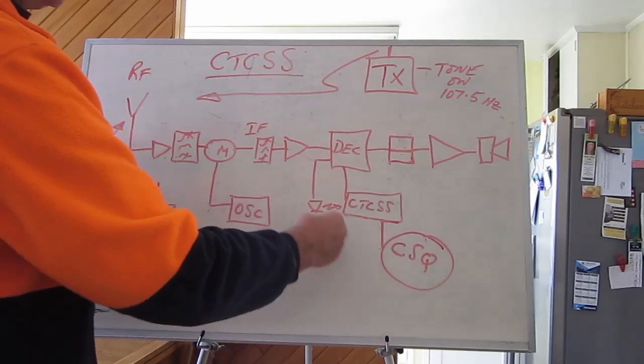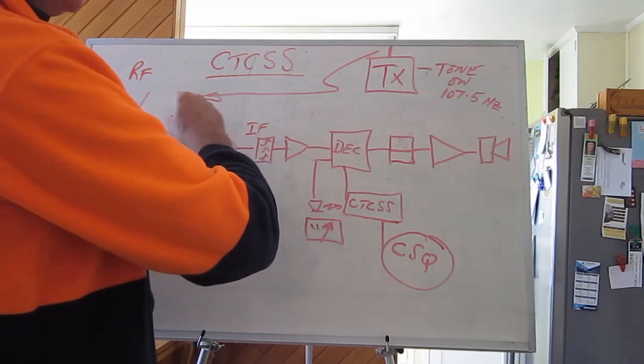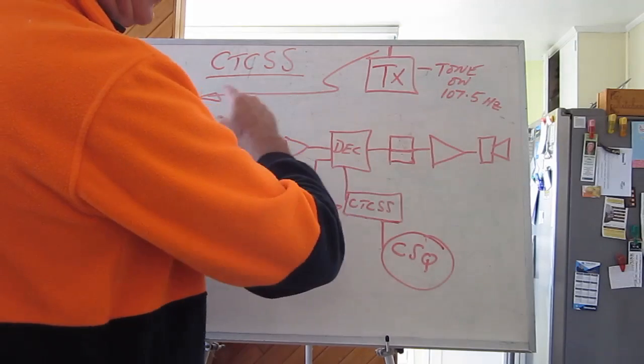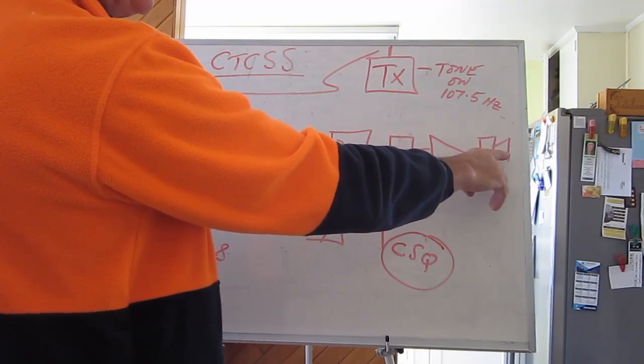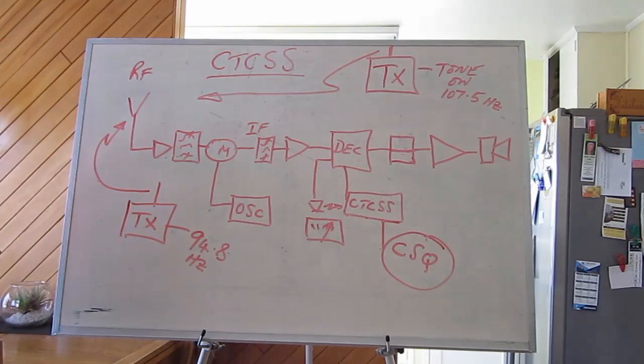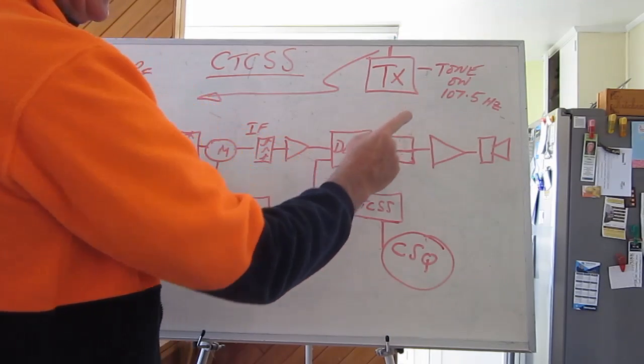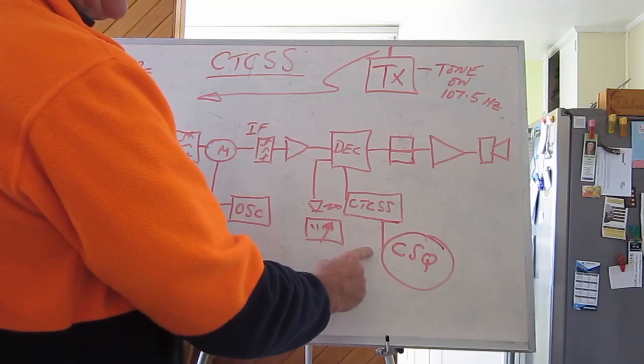This system, if it's correctly programmed, will block or negate that interference because it won't be allowed to pass through and provide a signal at this end, coming out the speaker. And this problem, unfortunately, is very common. It's very common to find CTCSS programmed on transmitters, and yet the receiver squelch is left open.